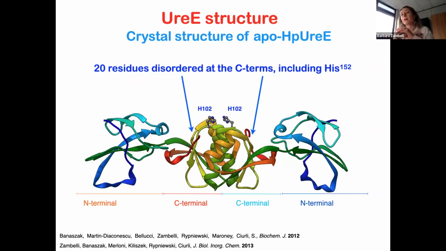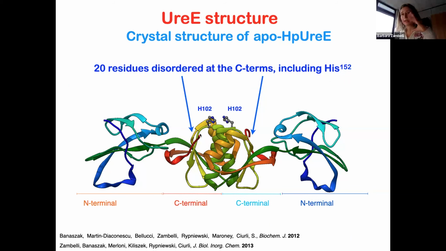ureE is made of a dimer. Each monomer is composed of two domains, an N-terminal and a C-terminal domain. The C-terminal domain contains very conserved histidines that are here at the interface, and also histidines that are conserved in the C-terminal tails.